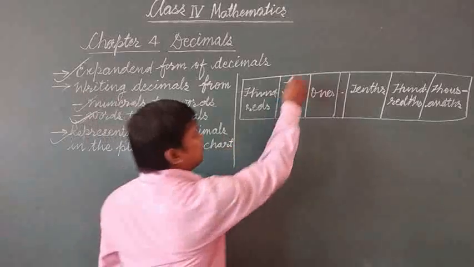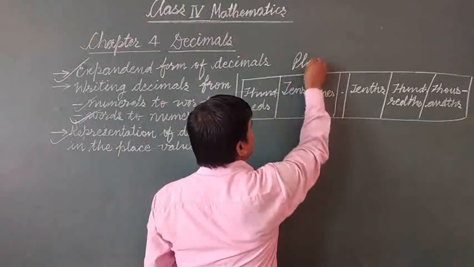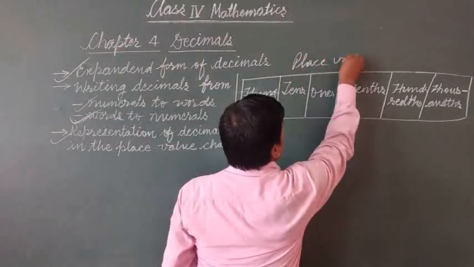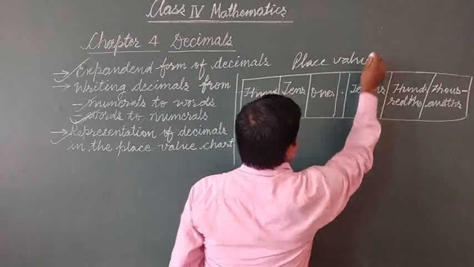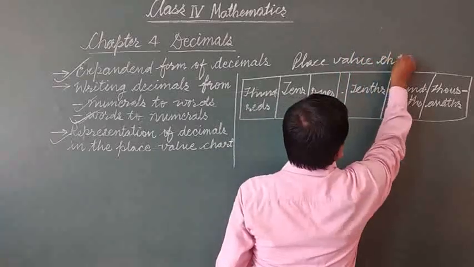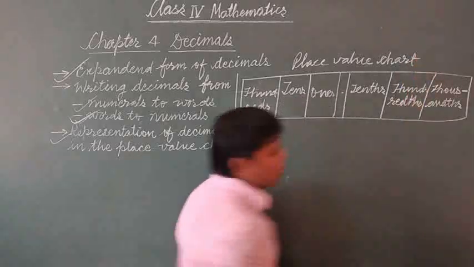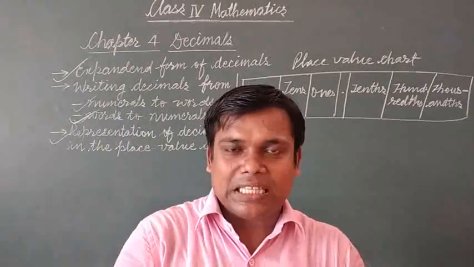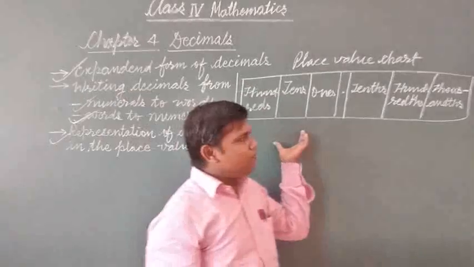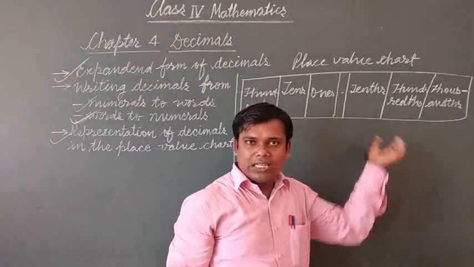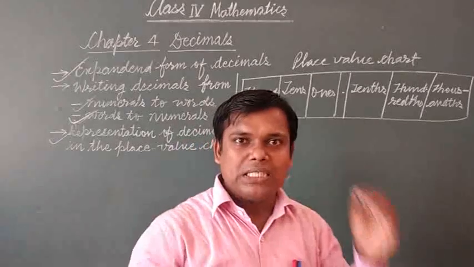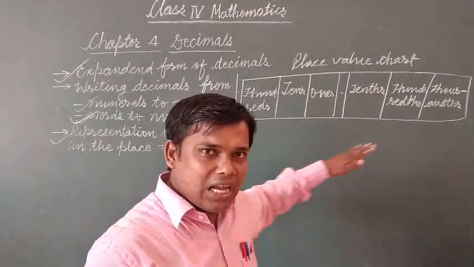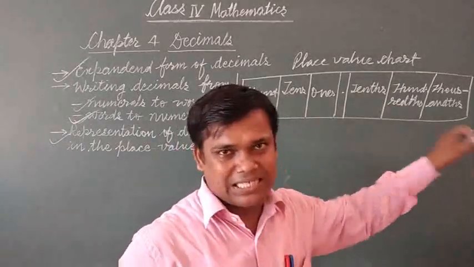So this is the place value chart. Okay. Now, if we have a decimal number and we have to represent it, we will first make this place value chart.